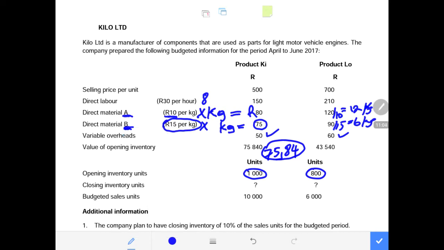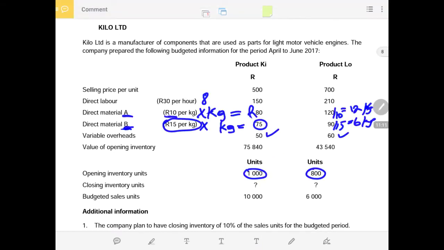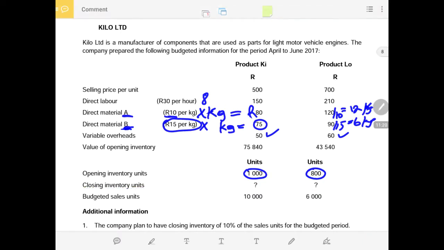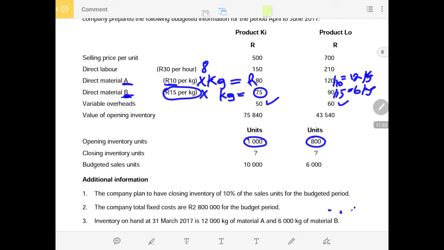So that is quite important to be able to go back. But I'm not going to do that now in this question because it is not based on what I'm saying now. The closing inventory units, we are given a question mark, meaning we are required to calculate it. There will be information that allows us to calculate such.